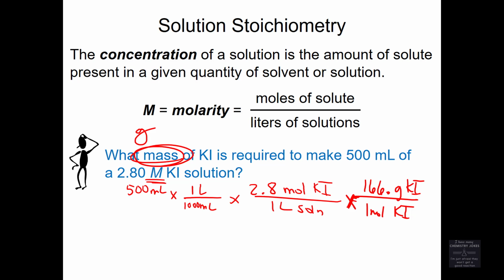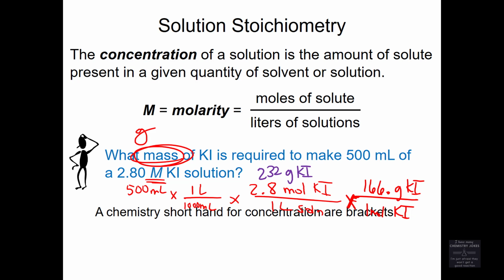That means it takes, hopefully you got the same answer, 232.4 grams of KI. And what you would do is you put it in a volumetric flask. Actually, let me just stop there. We're going to describe how to make that solution in a couple of slides when I've got a picture.